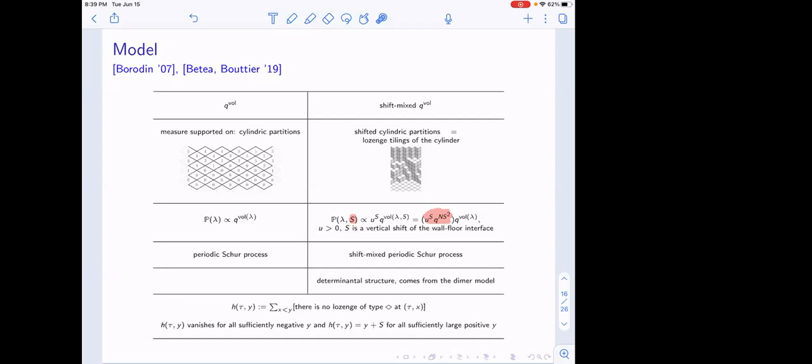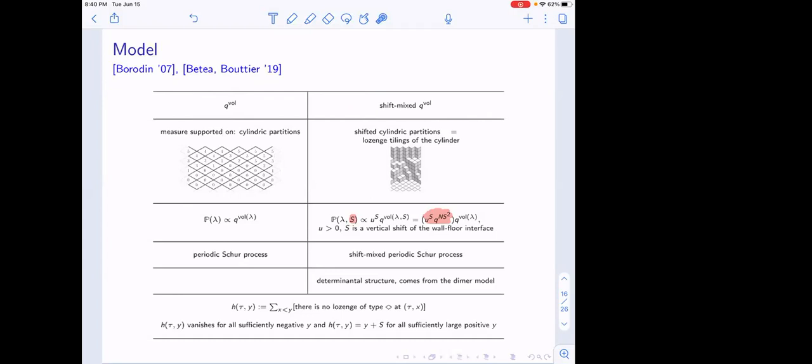Okay, so yes, as I mentioned, Dan and Jeremy also worked on this model, and what they did is that they gave an alternative derivation of the correlation kernel formula, and also they showed that in some regime the h-scaling limit of the cylindric, of the periodic Schur process, is given by the finite temperature Airy kernel.